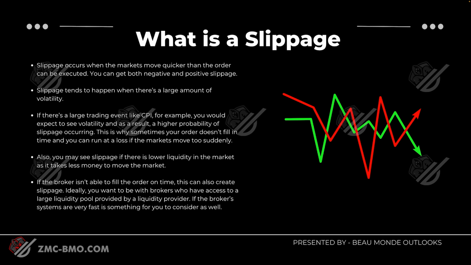If the broker isn't able to fill the order on time, it's like when you click buy on MetaTrader, that goes through the system, into the brokerage, and then they execute the trade. Ideally, you want to be with brokers who have access to a large liquidity pool, which is provided by a liquidity provider, and whose systems are very fast. That is something for you to consider as well. You ideally want to go with a good broker. This is why sometimes when you go with really dodgy brokers, you tend to have more issues than it actually solves.